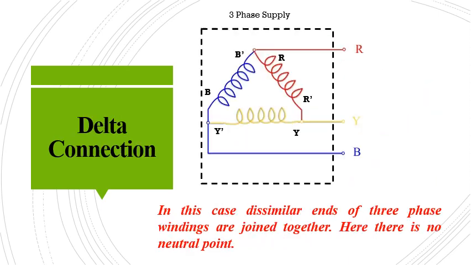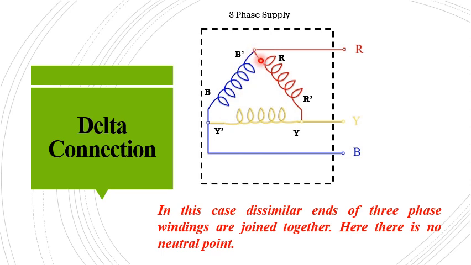And the second, that is the delta connection. In the delta connection, the coils are connected in such a way as to form a delta or a triangle. Here we can see that the dissimilar ends are connected.